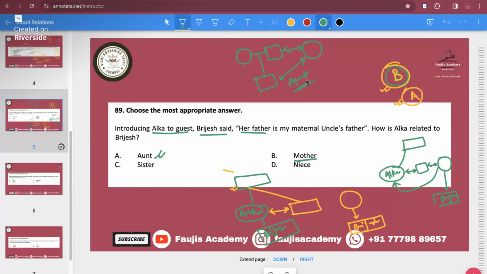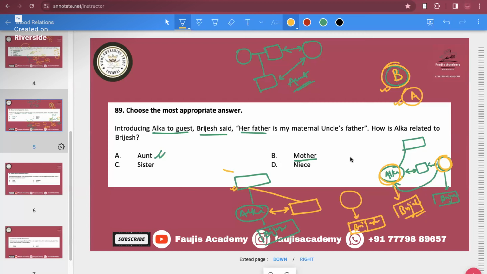Over here, we'll operate with the assumption that this person and Alka are basically the same. And that is why we'll conclude that Brijesh is her son. The relation chain is Brijesh, her mother, and Alka is her mother's sister.